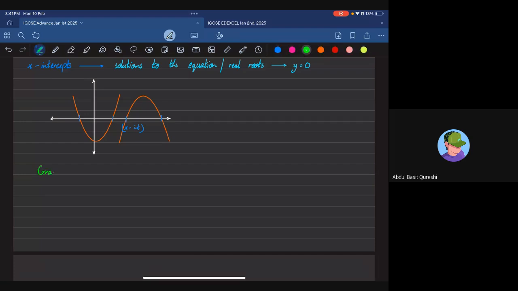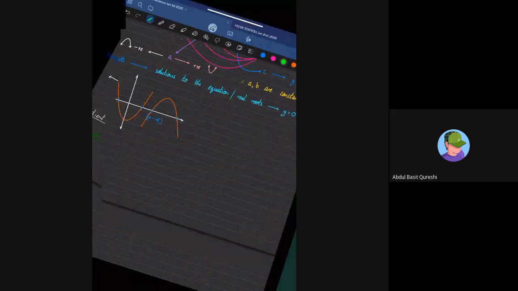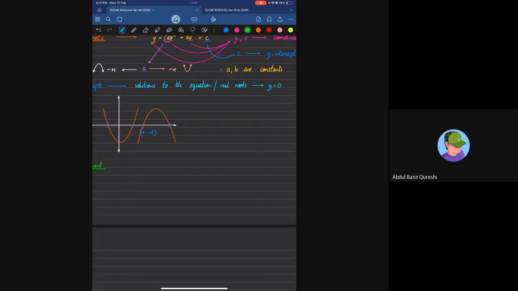Sorry, could you repeat that last thing? Sir, we cannot calculate the gradient of a curve, we need a straight line to calculate.